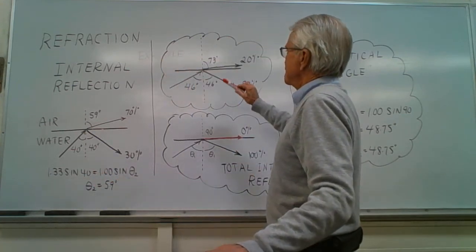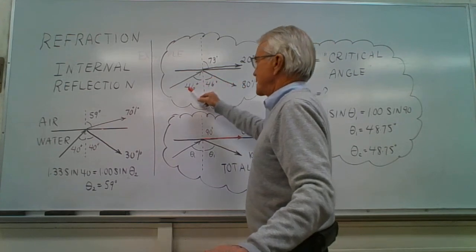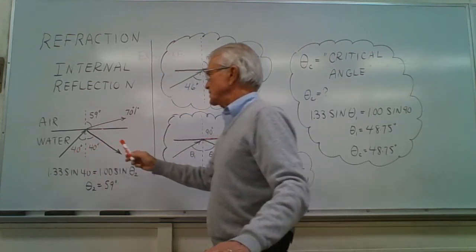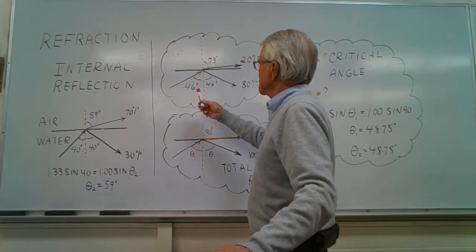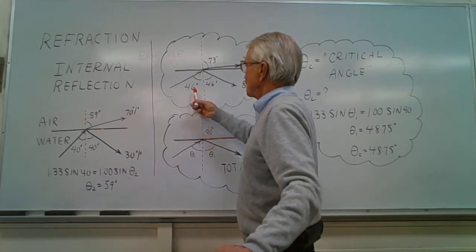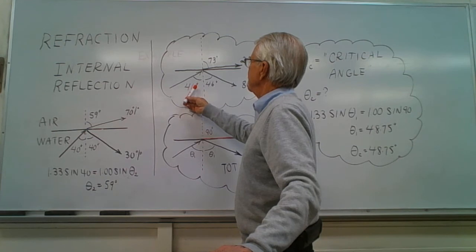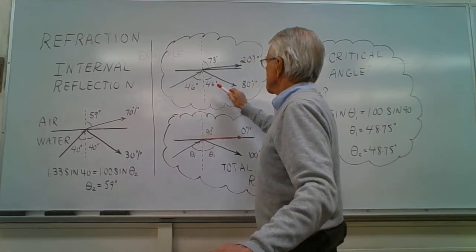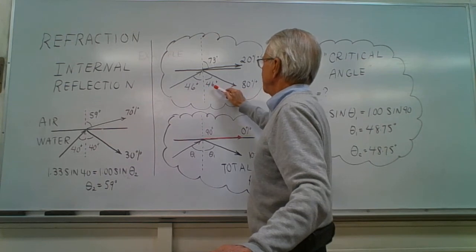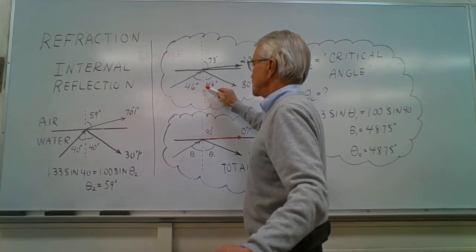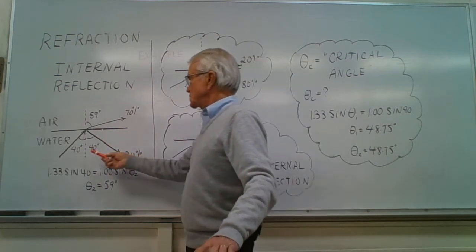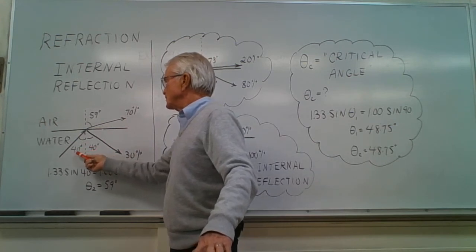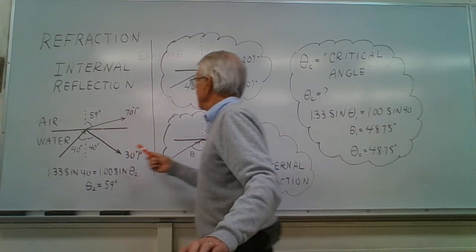We'll do the same thing with a different angle of incidence, higher than the 40 degrees, and look to see what happens. So let the angle of incidence from water be 46 degrees. As before, there's a reflected ray that follows the reflection law, 46 and 46, just as was the case back here, the angle of reflection the same as the angle of incidence, 40 and 40.